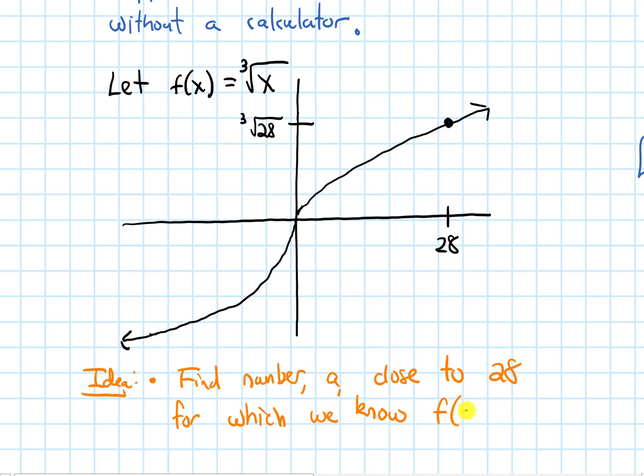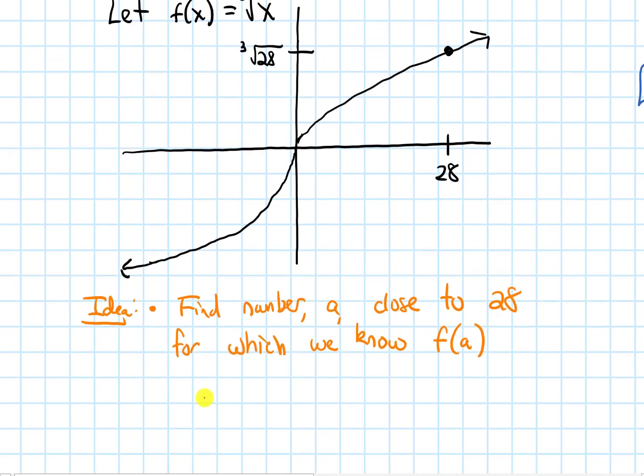We know how to find f of a without a calculator. So for this function, what number can I plug in that's close to 28, such that when I cube root it, I know what that is? Well, that's just 27. So we know that if we let a be 27, I know how to cube root 27.